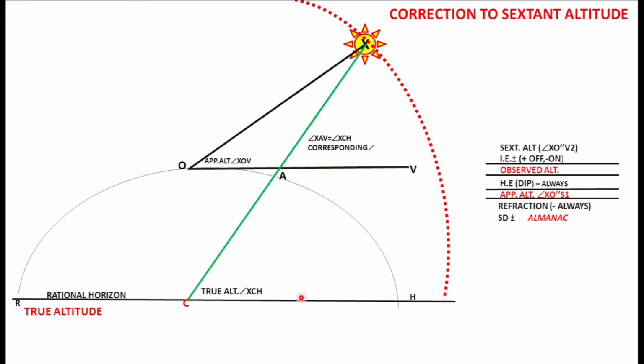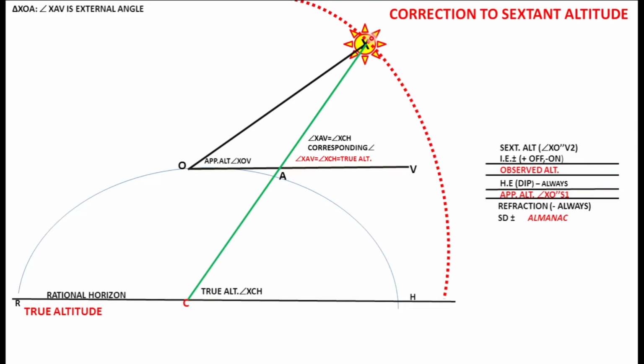So these are two parallel lines. So this angle here, XAV, is a corresponding angle to XCH, so they both will be equal. So this angle becomes my true altitude.